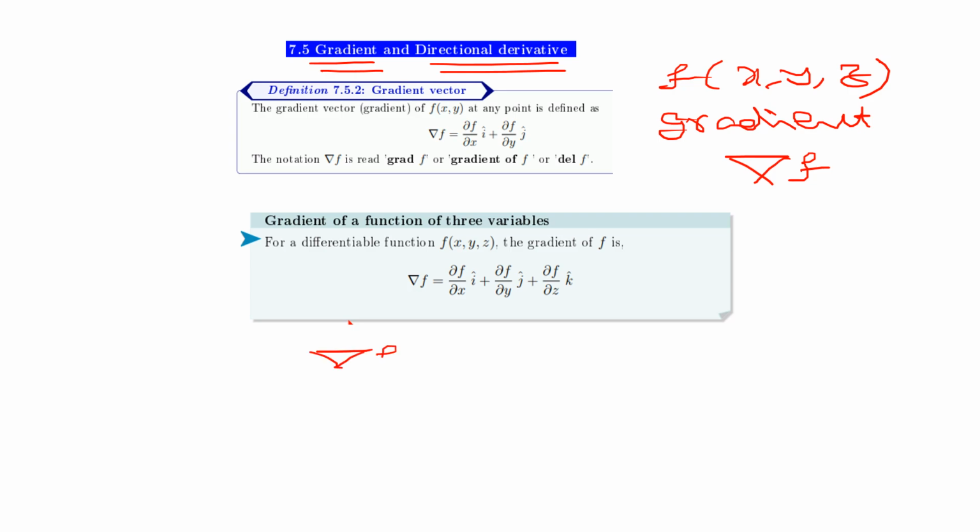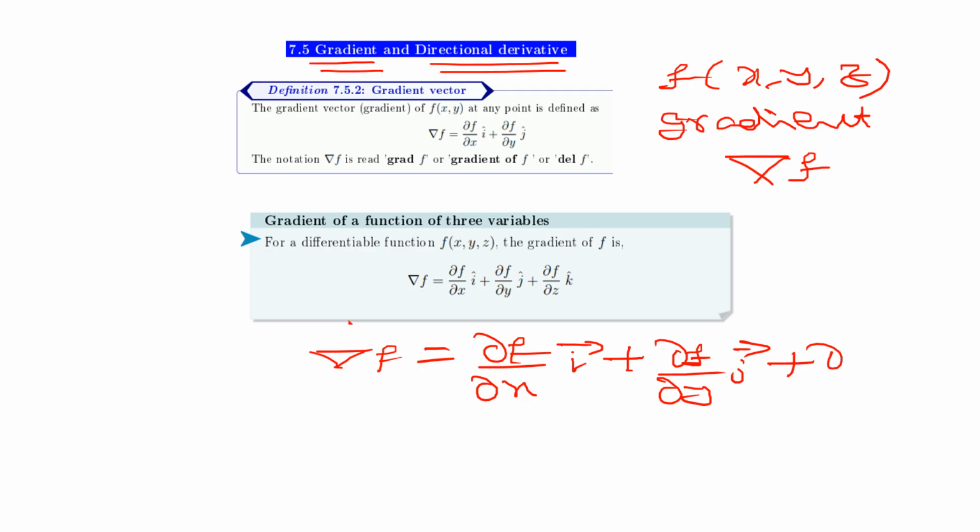And del f is nothing but dou f by dou x times i vector plus dou f by dou y into j vector plus dou f by dou z into k vector. That is, you need to find the partial derivatives dou f by dou x, dou f by dou y, dou f by dou z.